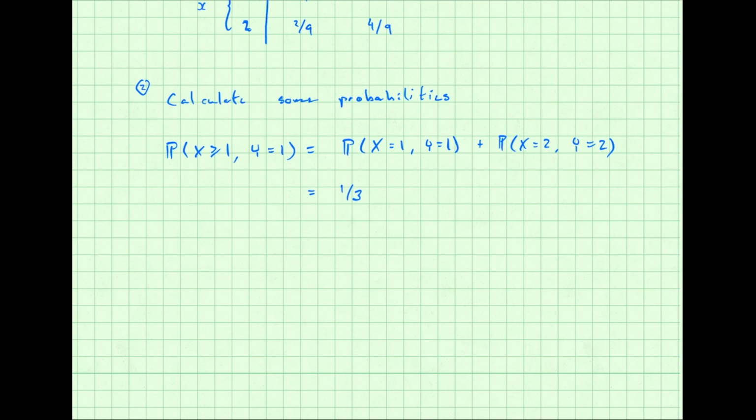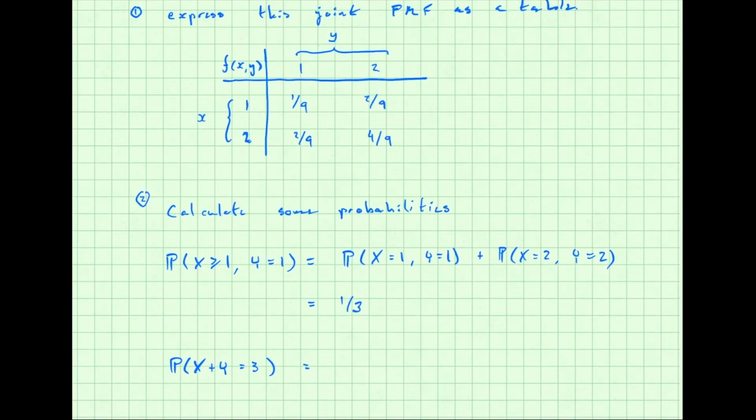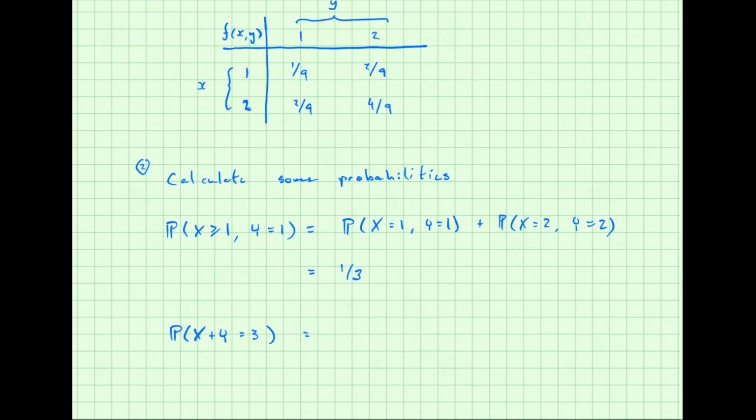Now let's look at the next one. Let's calculate the probability that x plus y is equal to 3. We go back up to this table, and when does that happen? That happens if y is 1 but x is 2, or if x is 1 but y is 2. So we've got two different scenarios: the probability that x is 1 and y is 2 plus the probability that x is 2 and y is 1.